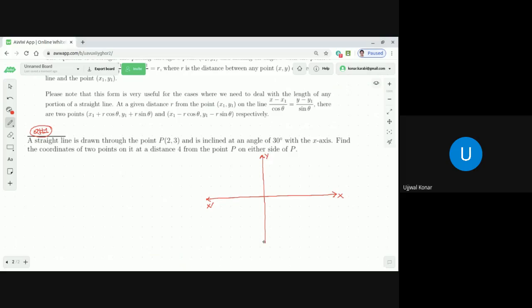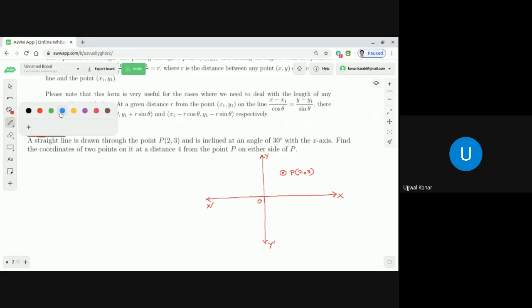At any point of time, any smallest doubt, never hesitate to ask me. The point is (2, 3), a point something like this. Suppose this is the point P (2, 3), and it makes an angle 30 degree with the x-axis.